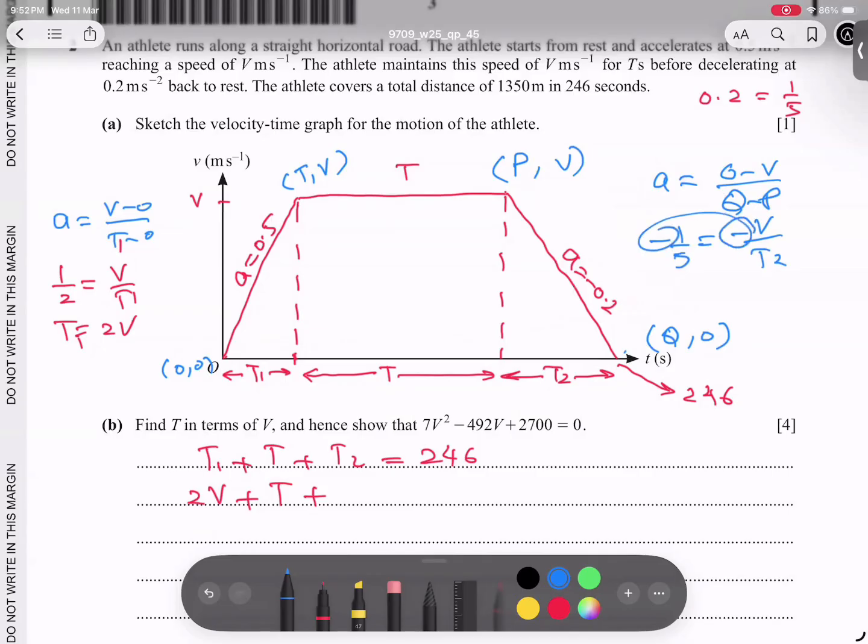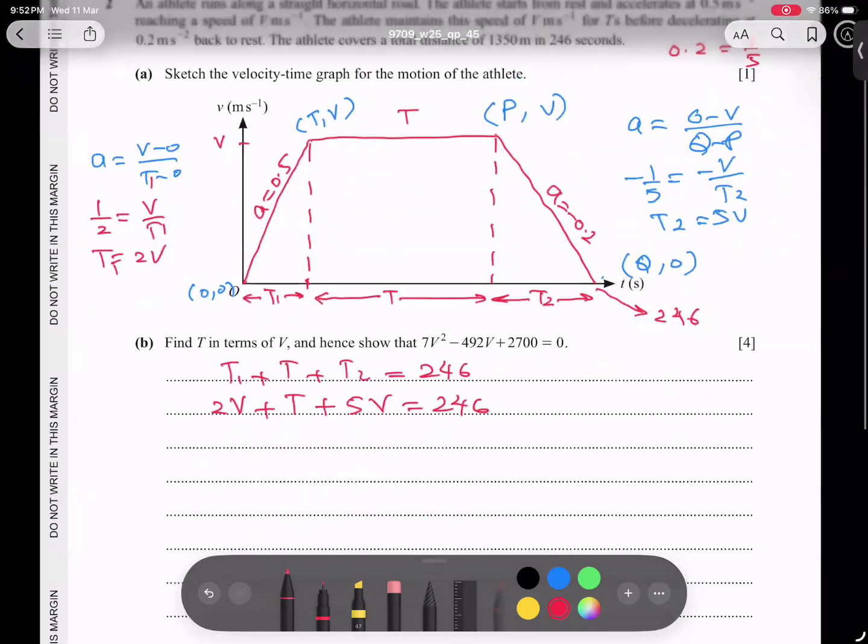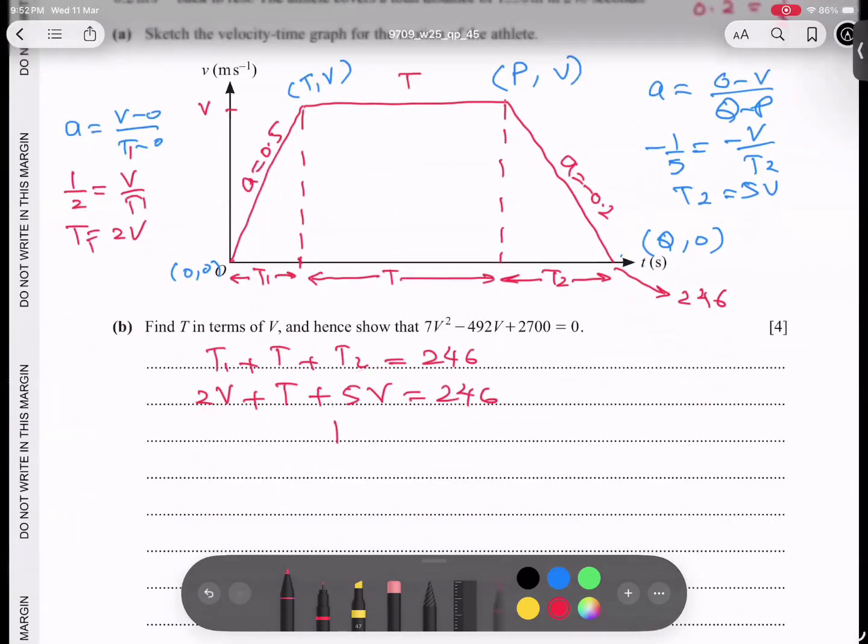The negatives cancel from both sides, and T2 becomes 5V. So I can put it here 5V. And if you look carefully, students, 5 plus 2 is 7V. So T is equal to 246 minus 7V.